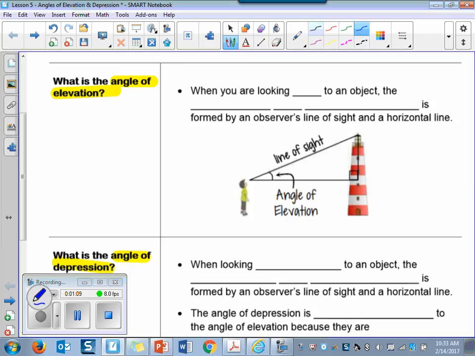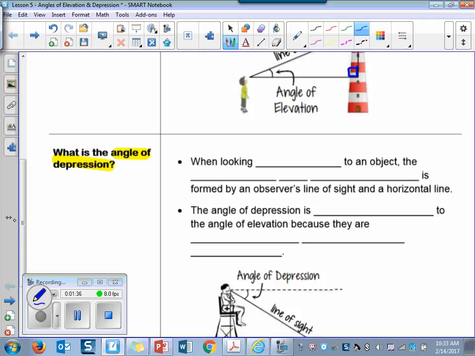When you are looking up to an object, the angle of elevation is formed by your line of sight, so where your eyes are going, and a horizontal. Notice that we have to make a right triangle here.